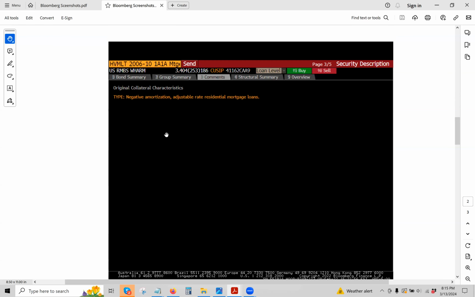This one is actually interesting. This one is telling you that, and again, this is the comment screen. This particular trust has in these comments negative amortization loans, okay, and adjustable rates. Now, negative amortization loans were the loans that were around during the refi boom.